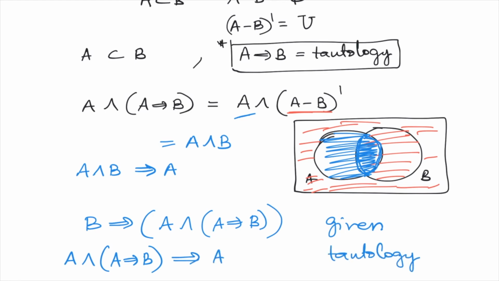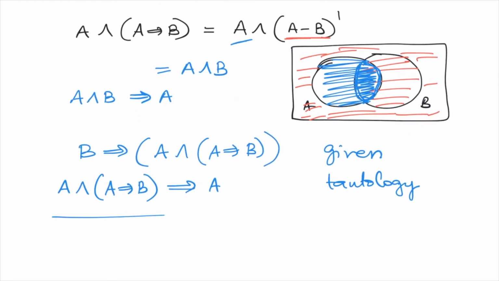This is true. Now, just using the rule we just discussed, the hypothetical syllogism, we know that this is equivalent to saying B implies A. I request you to go through this discussion once again so that you are very clear with the logic.